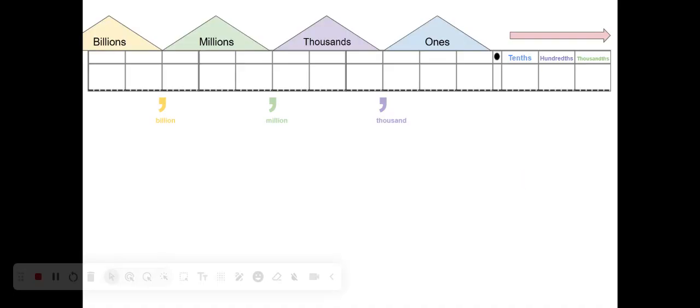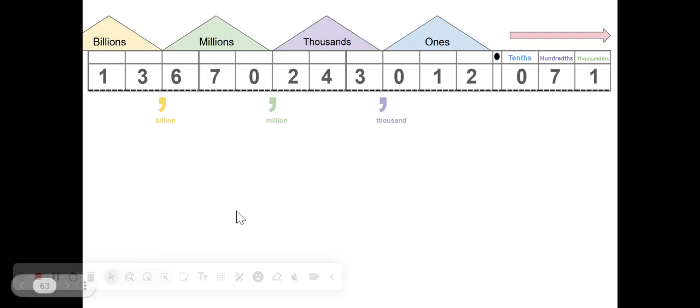All right, so when we read a number, we are going to read whatever number it was within that period. Then we're going to actually say the comma's name. So the way that we would read this very large number is going to look like this. We'd start off by saying 13 billion. We don't forget the comma.